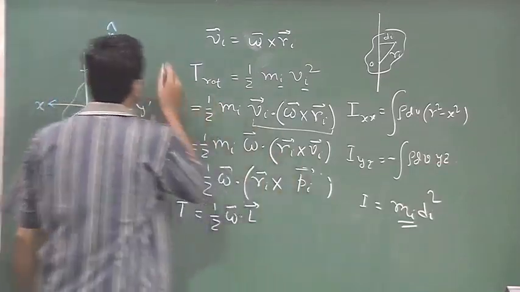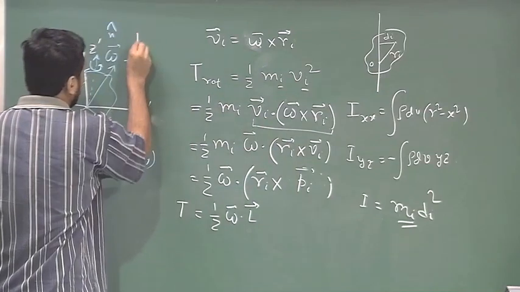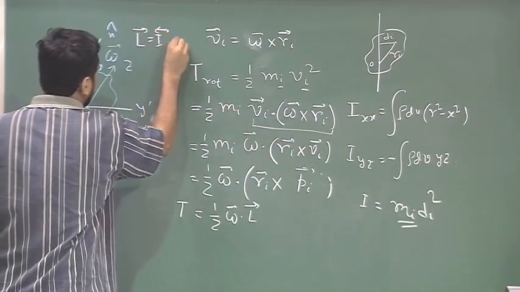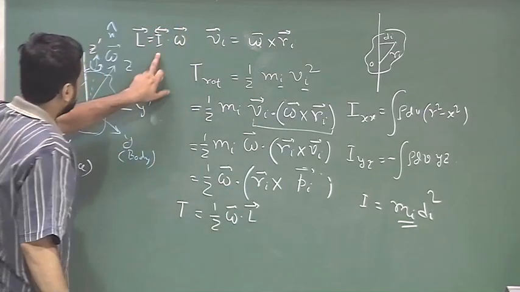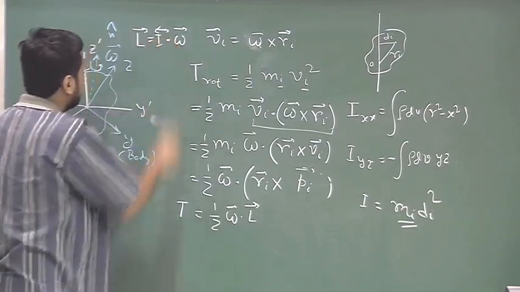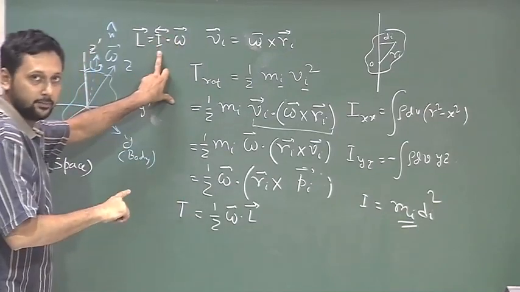We wrote this tensorial equation that L is equal to I omega, I being the moment of inertia tensor and omega the angular velocity vector. That is the equation we wrote in the previous class.